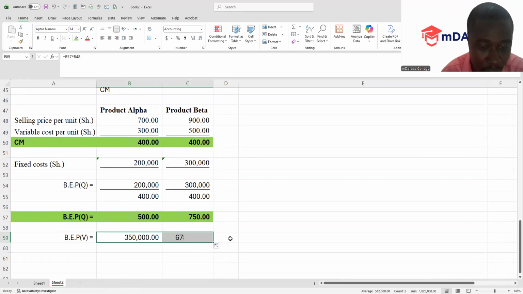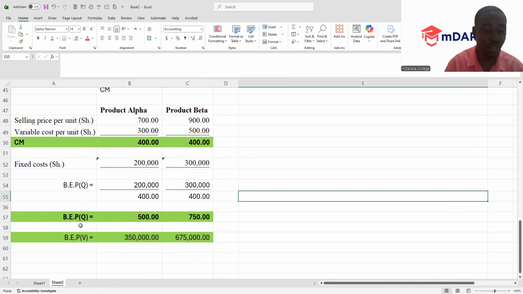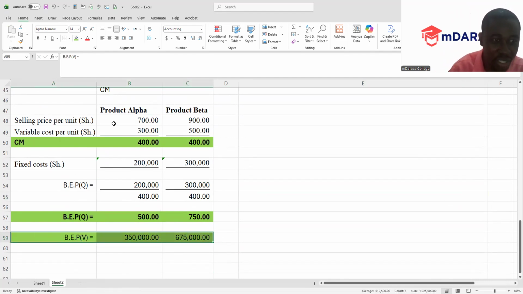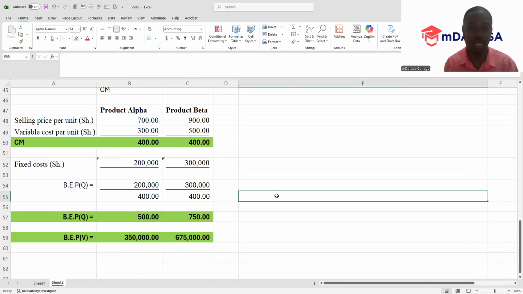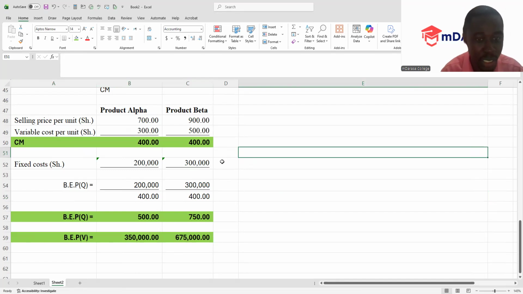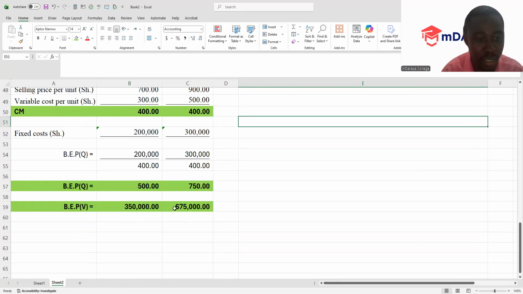This is our break-even point in value. See how simple it is? So long as you master the concept, it will just flow. No struggling.